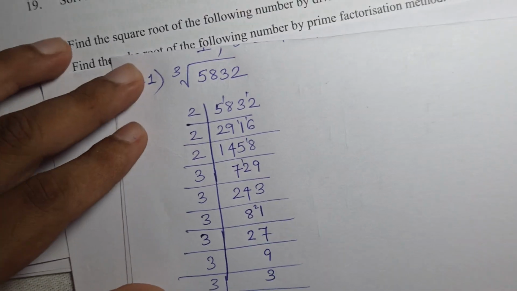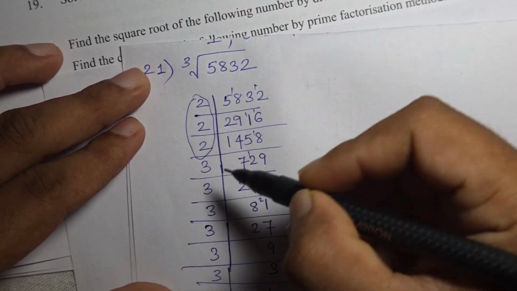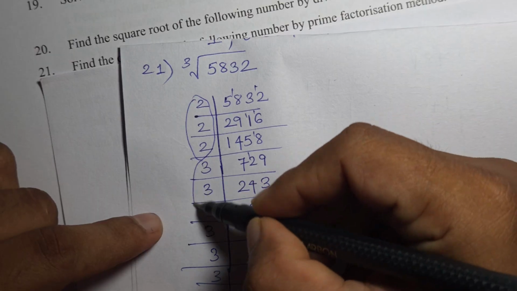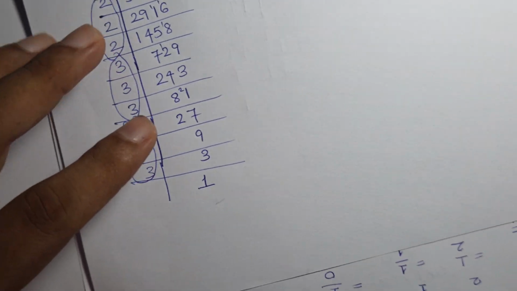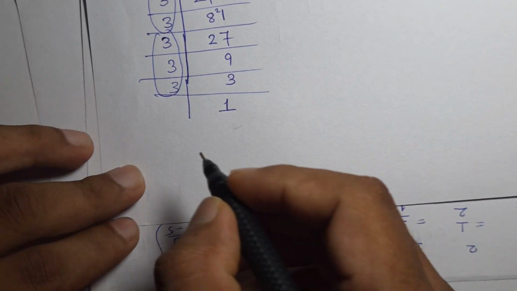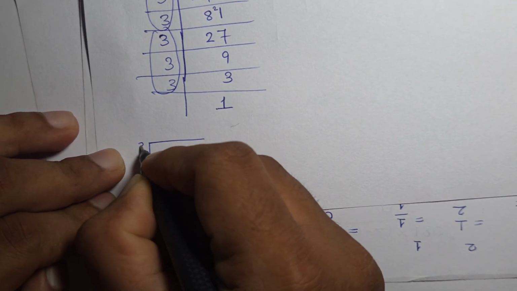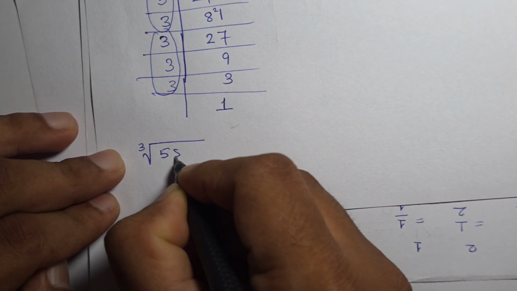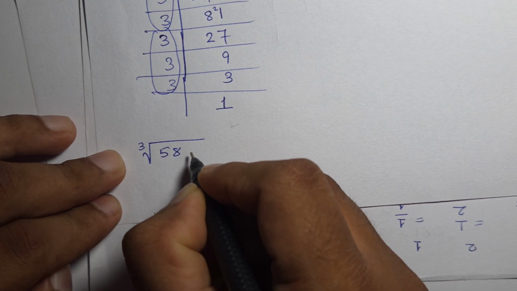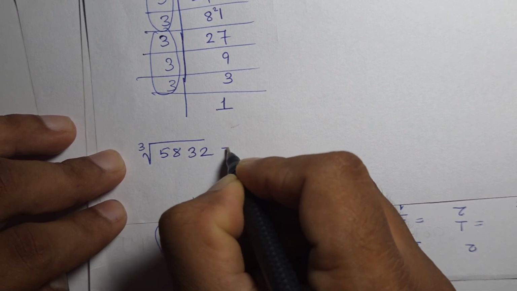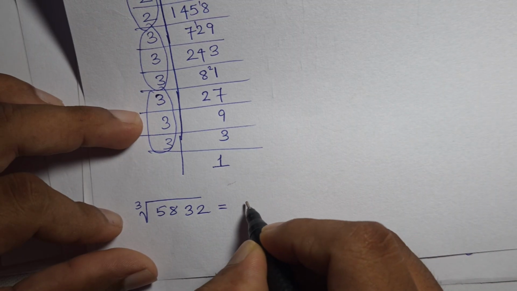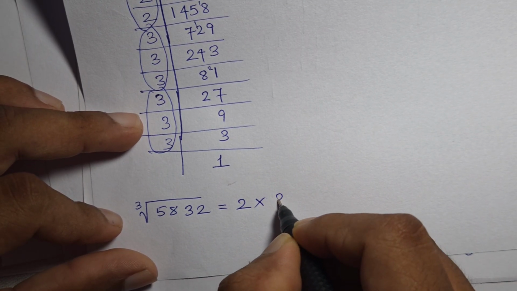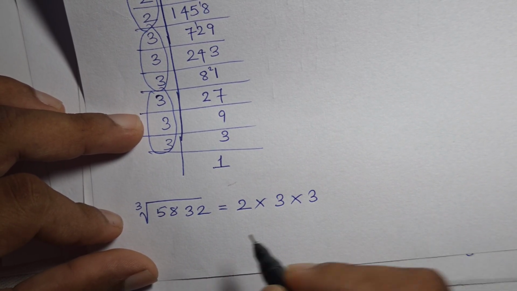Now if you see the pairing up, it is coming in a group of 3, group of 3, group of 3. So how will I write? I will write it as cube root of 5832 is equal to 2 into 3 into 3, correct?